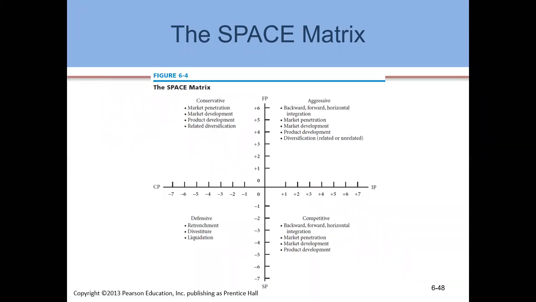And in case of FP, the +1 value would mean worst situation, and +6 and +7 would show the best situation. And in case of IP, on the x-axis, the +1 would show the worst situation, and the +7 would show the best situation.